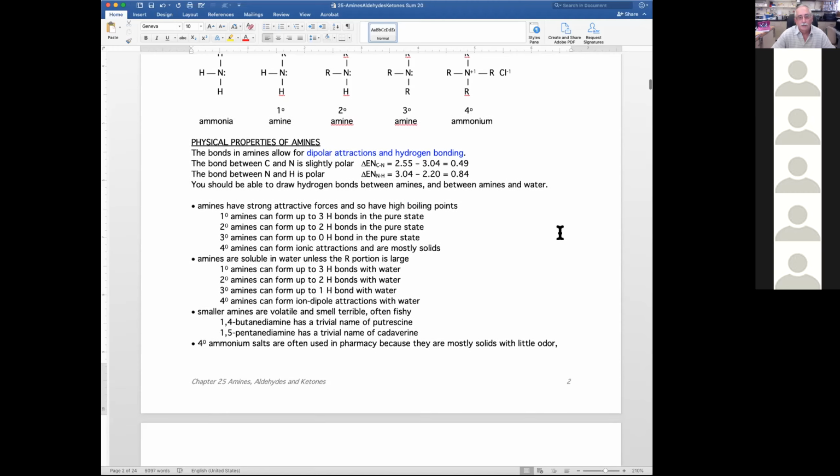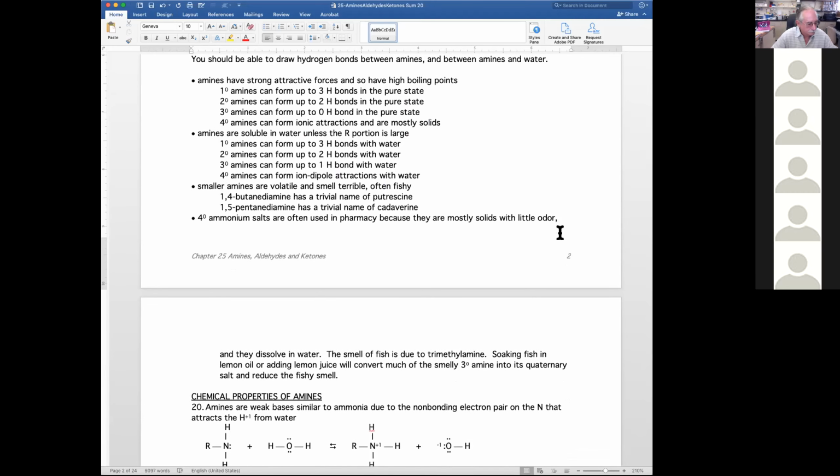So I'm going to draw some hydrogen bonds here. So again, that would be ammonia, right?